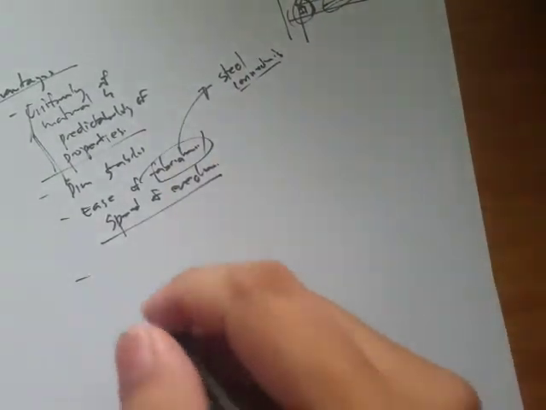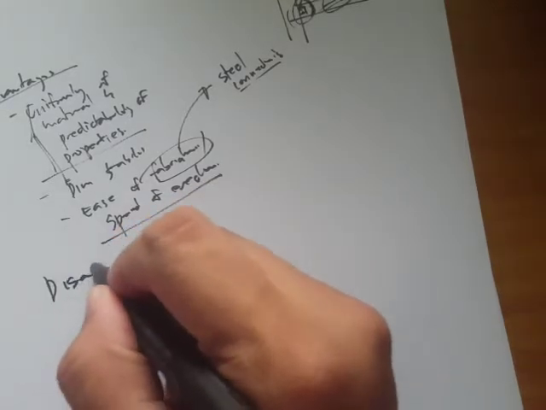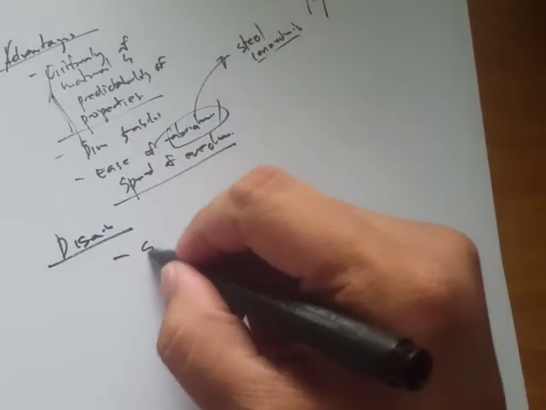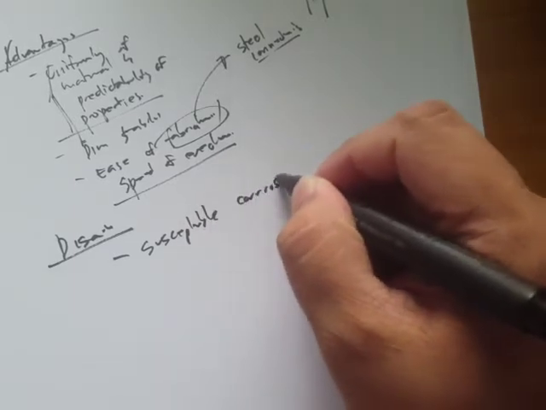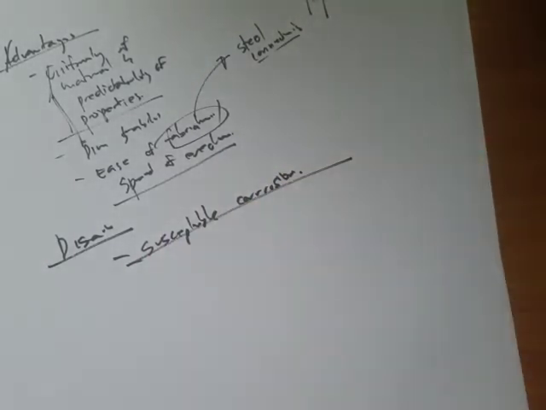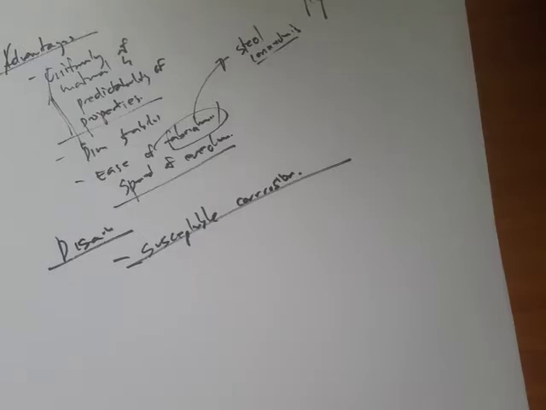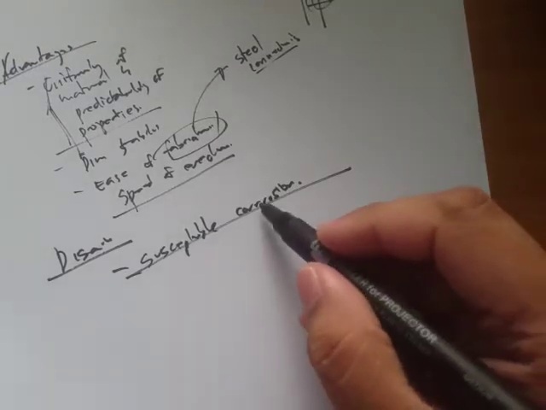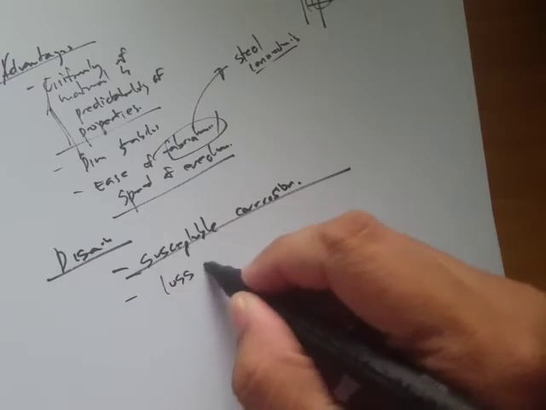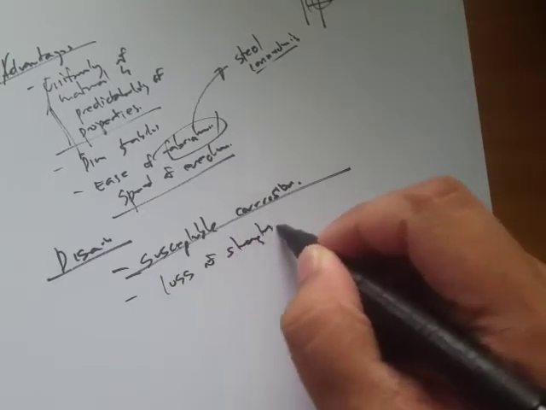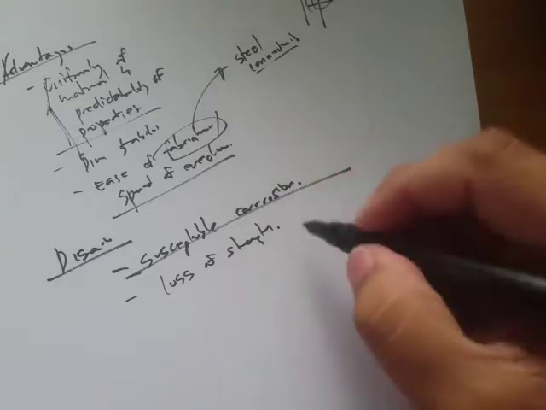Okay, so for the disadvantages, steel is actually susceptible to corrosion. So it oxidizes and therefore it corrodes, and once it corrodes, it's actually decreasing in material, so you're decreasing the strength. And what else? You have loss of strength at elevated temperatures.